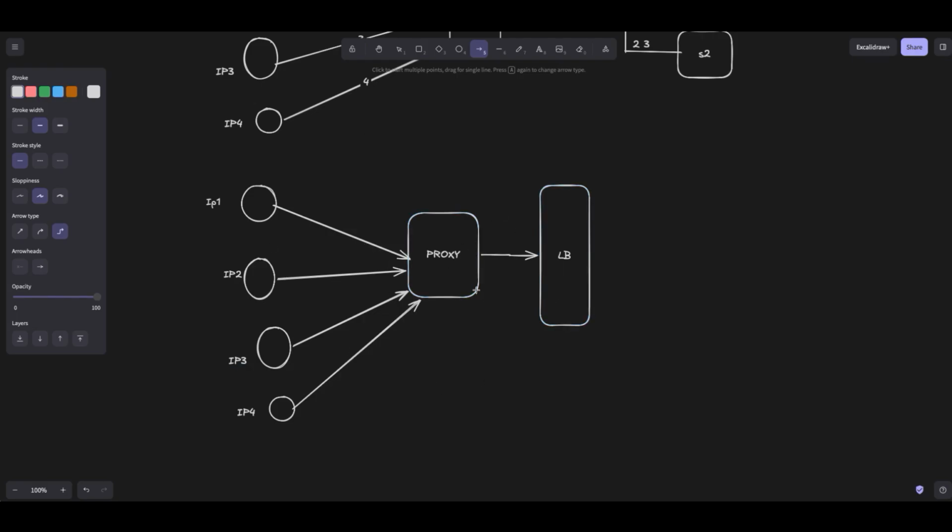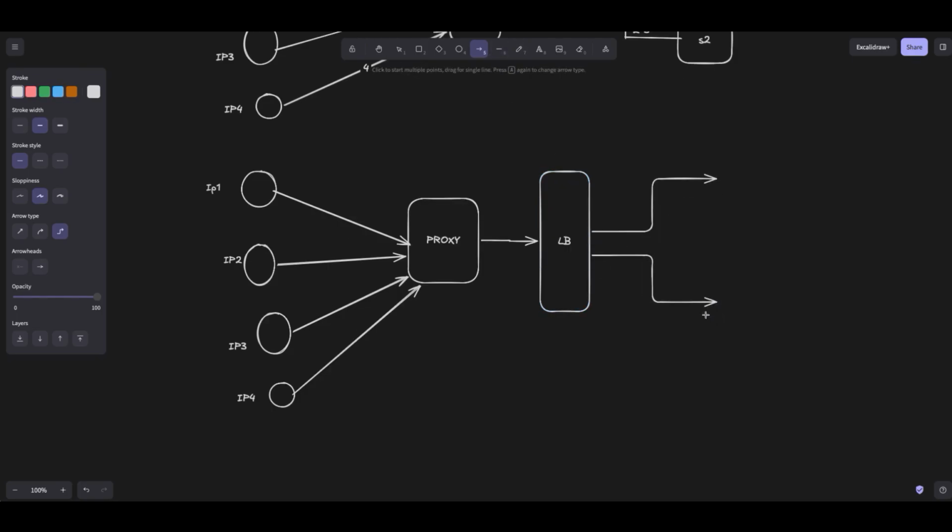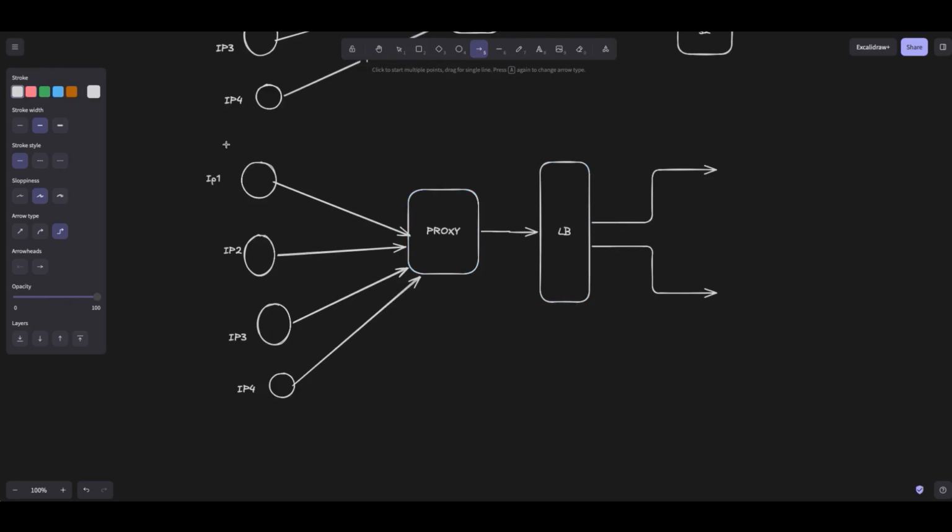This type of proxy is called a forward proxy because it is forwarding the client request to the load balancer, and then the load balancer is getting connected with the server. Generally this is secure for both the user and the load balancer, because the user's IP address is never exposed on the internet, and the load balancer's IP is also not exposed openly on the internet.